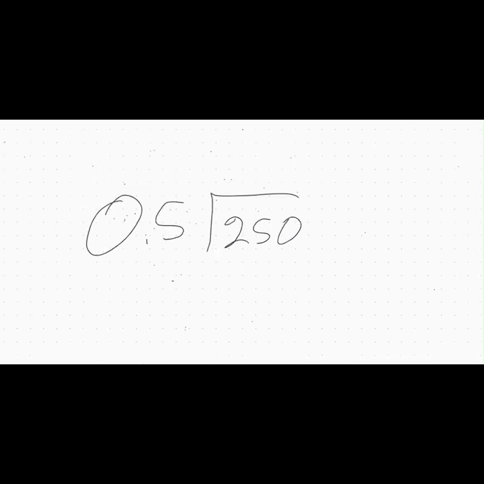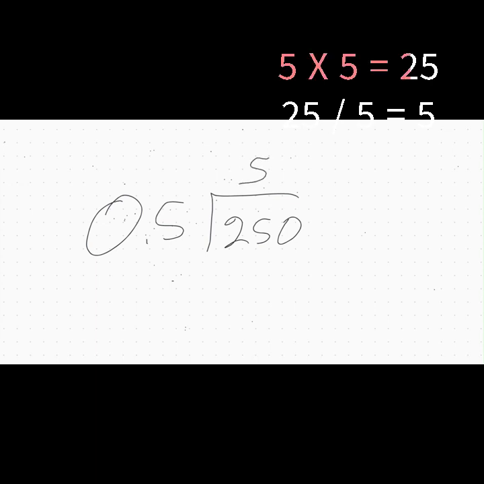250 divided by 0.5. Okay, so we're going to divide 0.5 into 250. Now we understand that 5 goes into 25 5 times. And then you're going to have your 0 here.